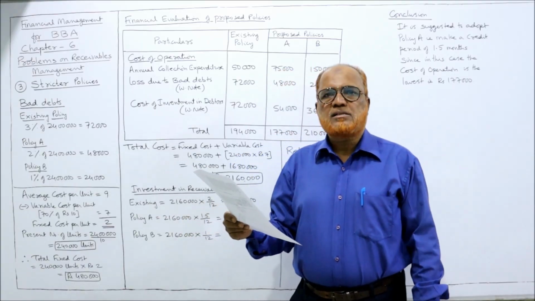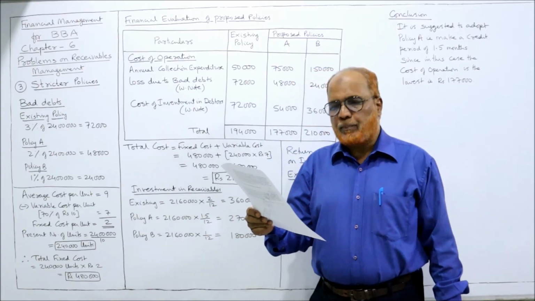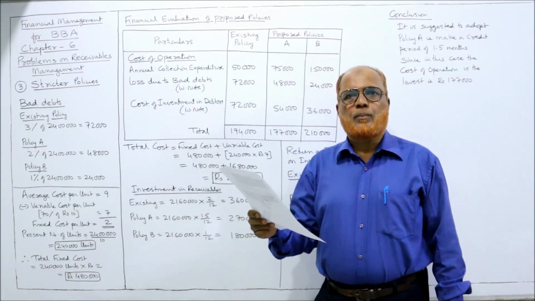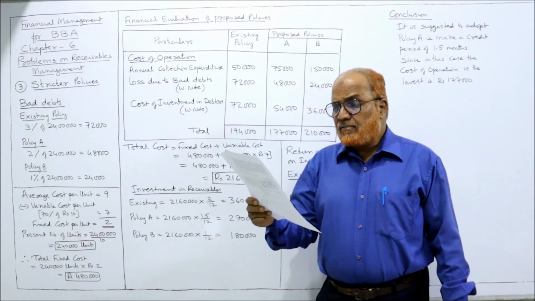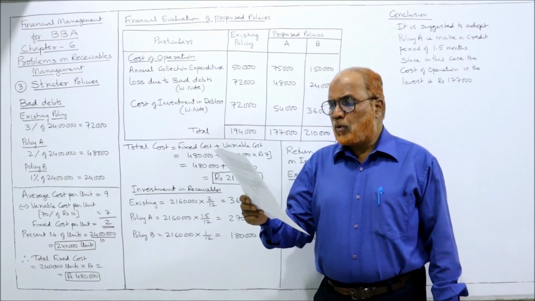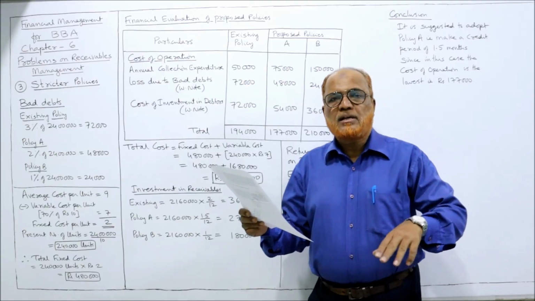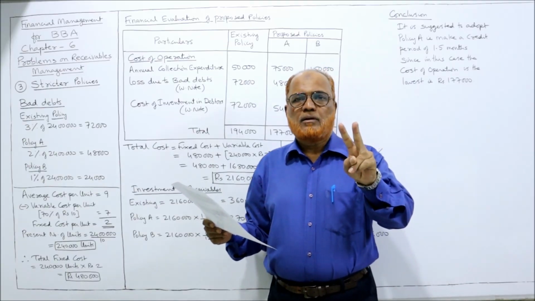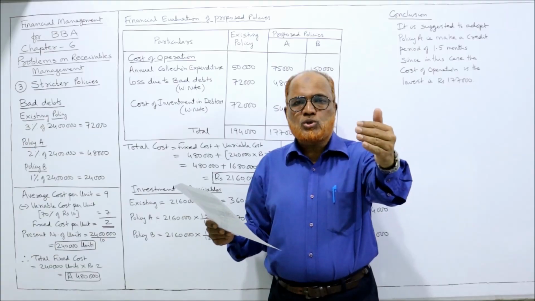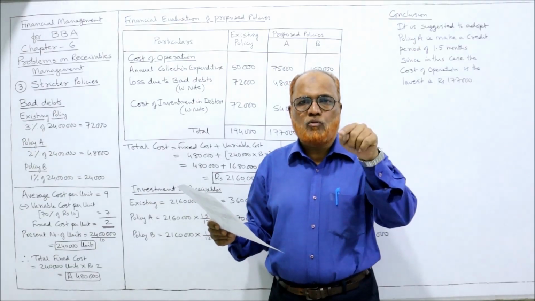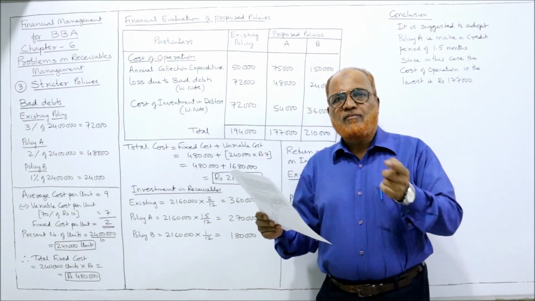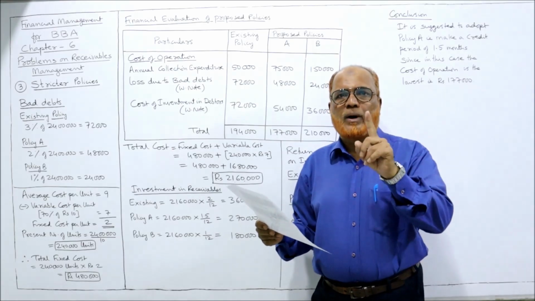Now the company is considering two new proposals, Proposal A and Proposal B. Average collection period in months: 1.5 for A proposal, 1 month for B proposal. Presently, the company allows 2 months. Now in A policy, it wants to reduce from 2 months to 1.5 months, and for B policy, reduce it to 1 month.